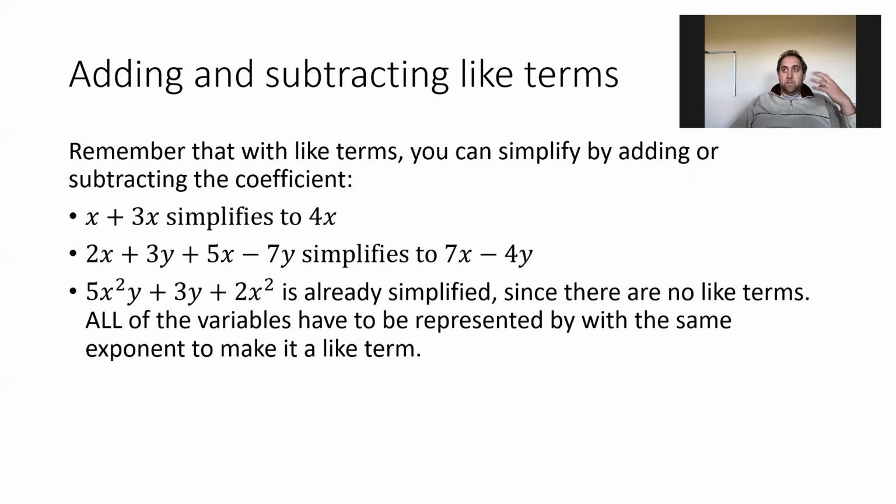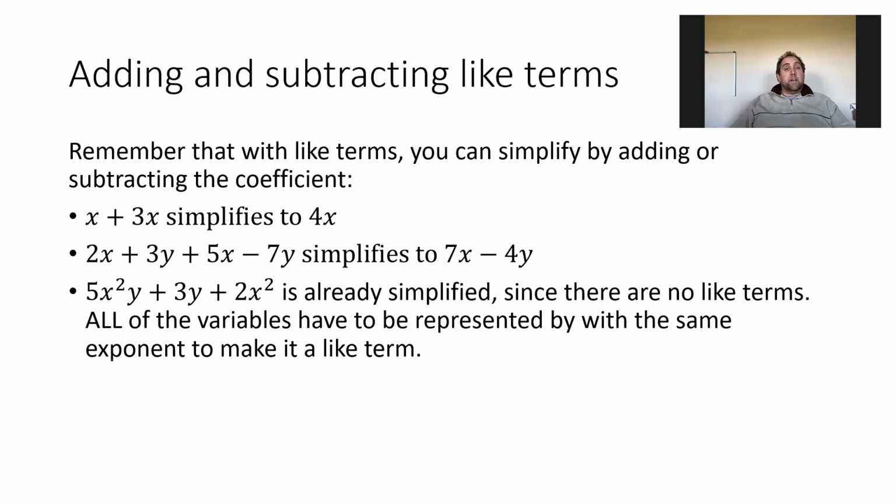So pretty simple, you can logically think in those terms. It's not a problem. Second one, let's do 2x plus 3y plus 5x minus 7y. This one's a little bit more complicated in that we have two sets of like terms that aren't like each other. So the first one is the 2x and the 5x. They both have the variable x to the first power. You can simplify that by just adding 2x plus 5x, and that gives you 7x.